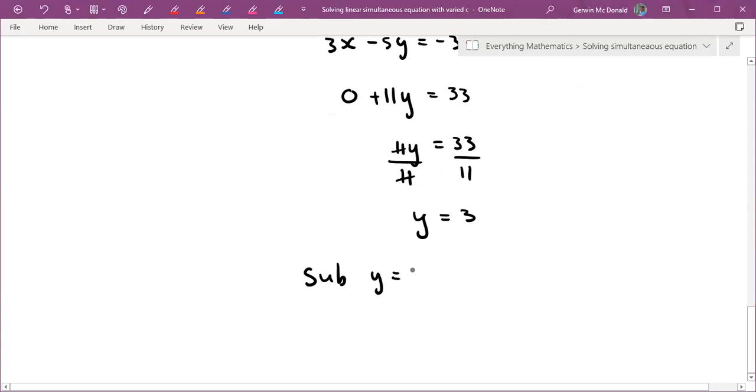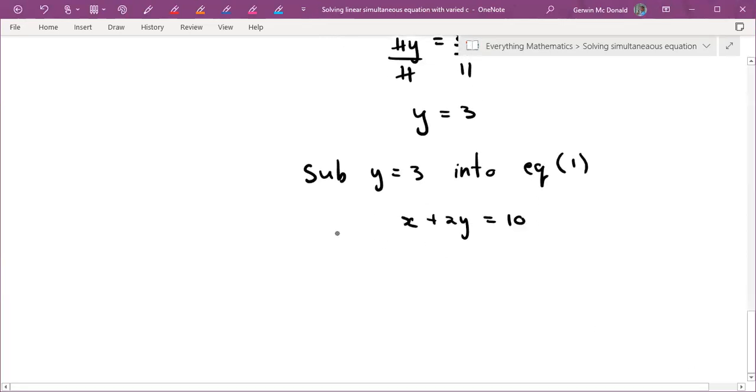So now we're subbing y is equal to 3 into equation 1. Let's take equation 1, the easier one. So we have x plus 2y is equal to 10. Good. And here now, we know that y is 3. So we have x plus 2 times 3 equal to 10.